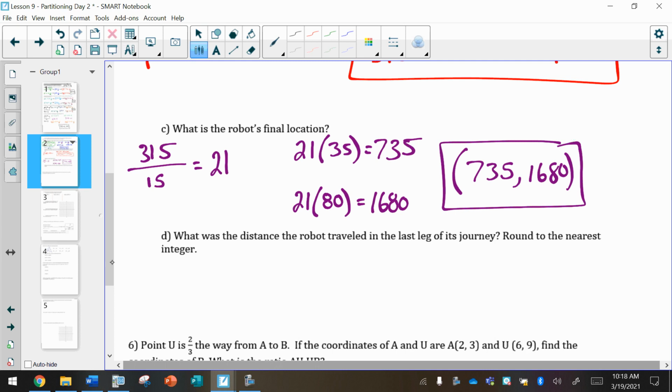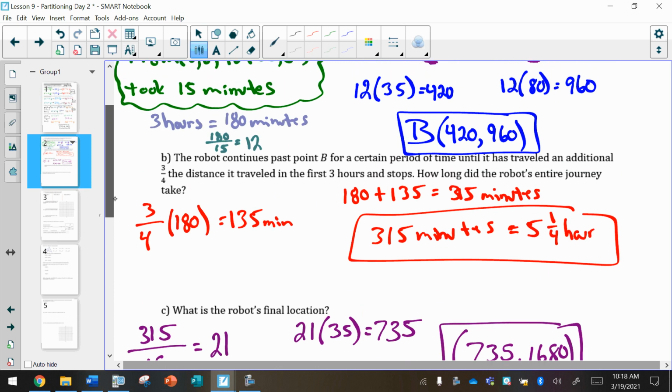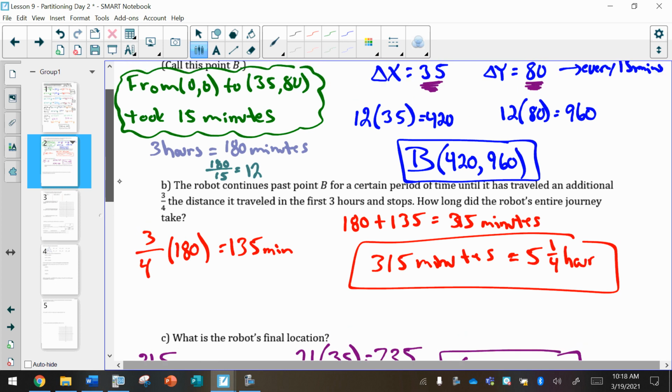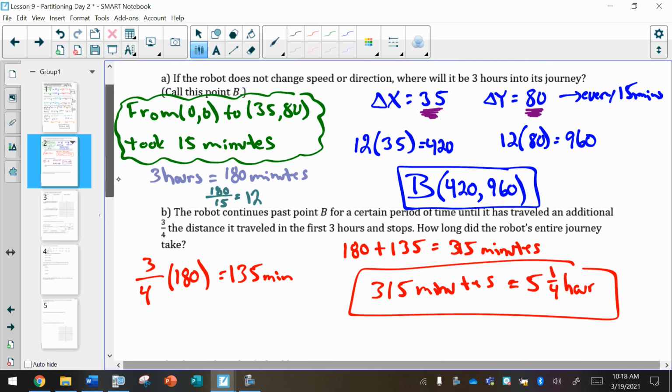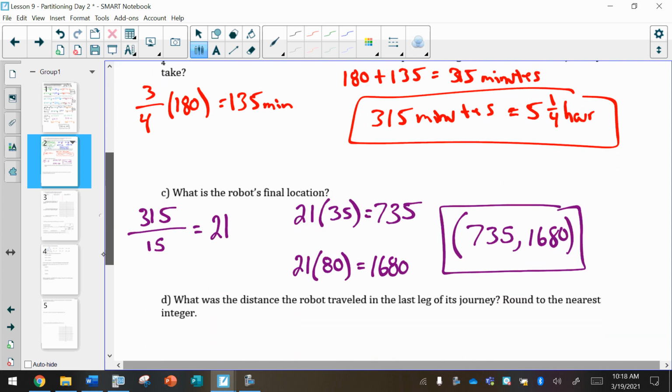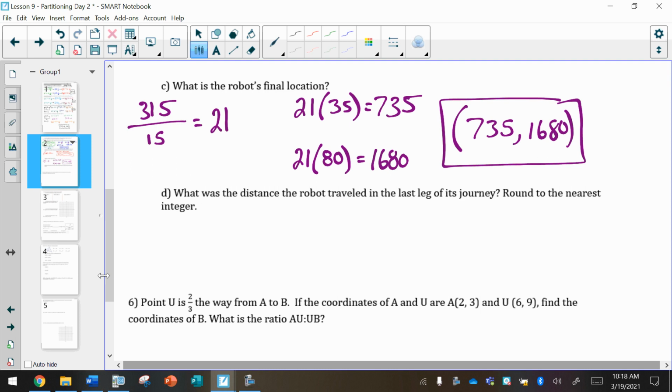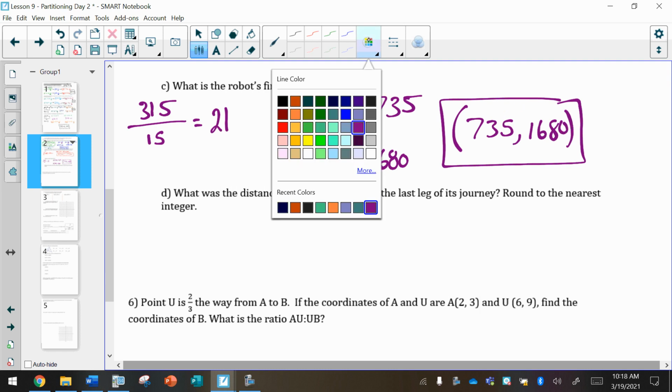Well, we know from the work we did up here in part A, after the first 3 hours, our robot is located at point 429, 60. Then it does the extra traveling, and finally stops altogether at the position point 735, 1680. So we want to figure out how far it went on that last portion.